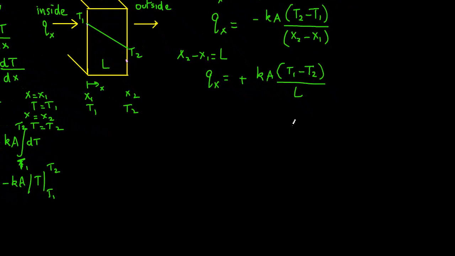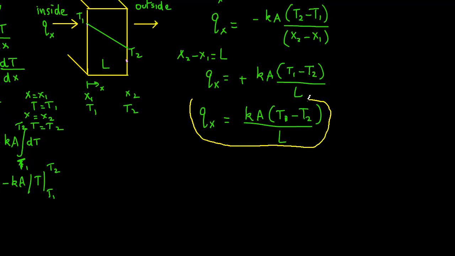And in the denominator we have L. So our final expression then is qx equals kA T1 minus T2 divided by L. Note that T1 temperature is higher, as we know, on the inside of the wall, and lower on the outside, T2.